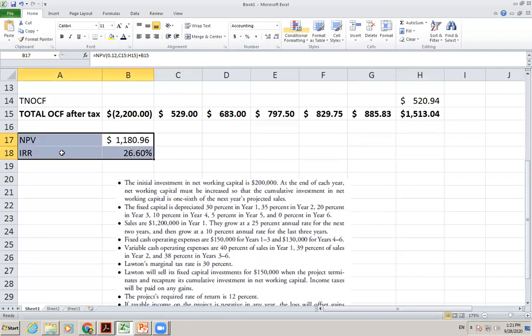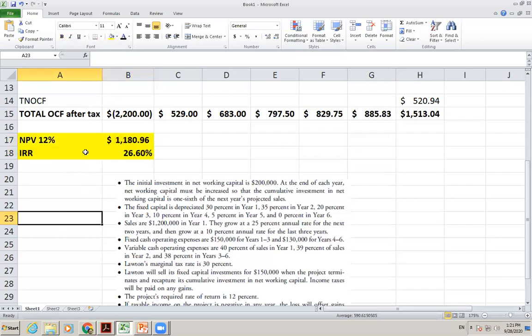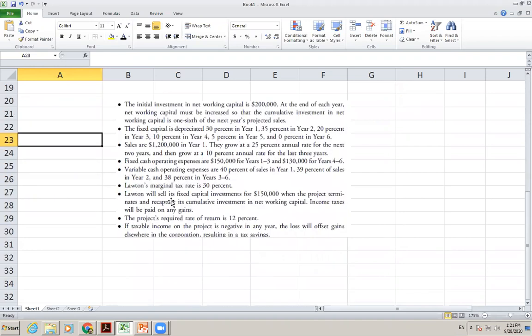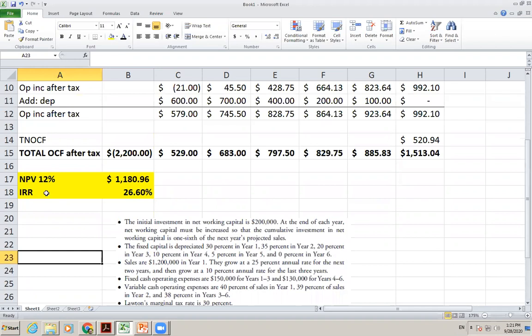Okay, now we can compare. We can see that we do accept the project. The project is profitable, as our NPV says, and IRR confirms, IRR supports the NPV decision because the rate of return is greater than the required rate of return, greater than the opportunity cost of capital.